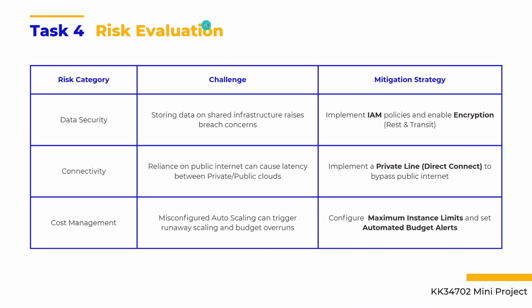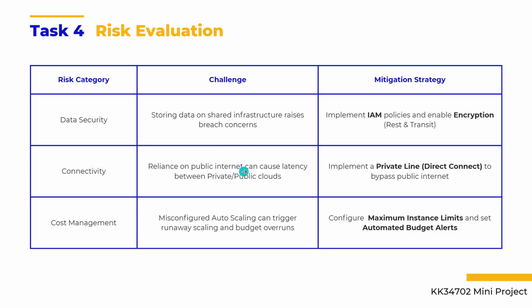And then the risk evaluation. There are three categories, one of which is data security. The challenge is storing data on shared infrastructure raises breach concerns, but the mitigation strategy will be to implement IAM policies and enable encryption. The next risk category is connectivity.